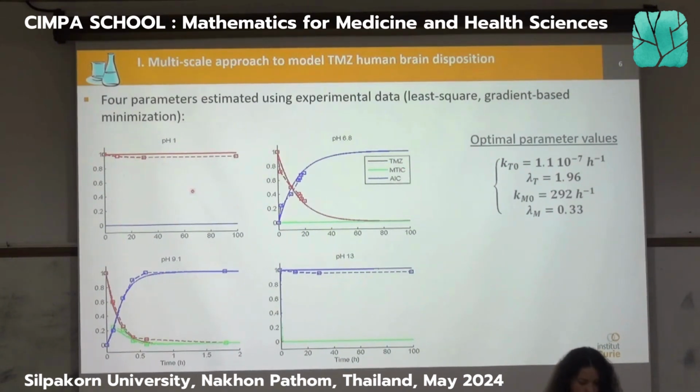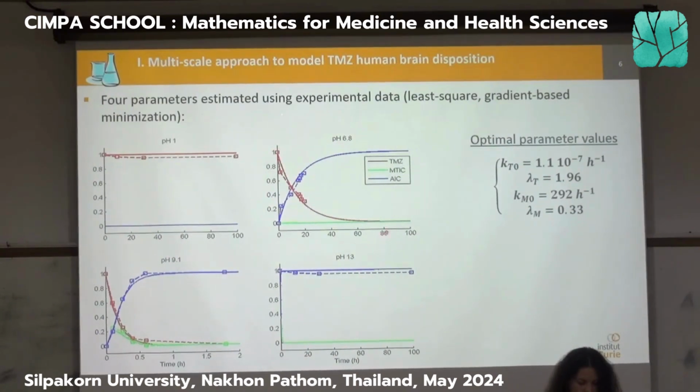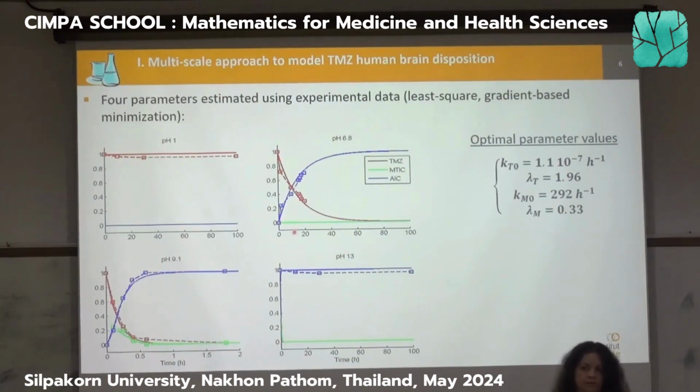If you start with a very acid pH, the temozolomide will stay as temozolomide and will never be activated. On the opposite, if you increase the pH a bit, temozolomide will start to be activated, the red curve, and you don't even see MTIC because the second reaction goes very fast at this pH, and then the AIC appears.